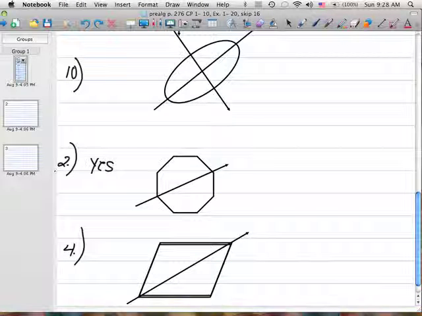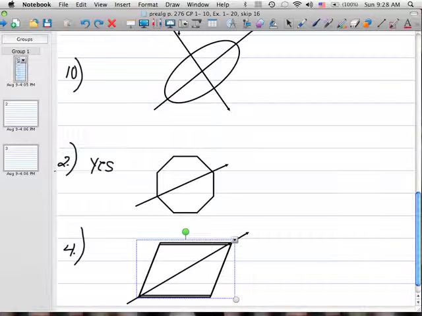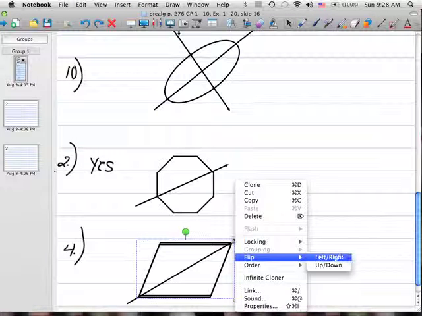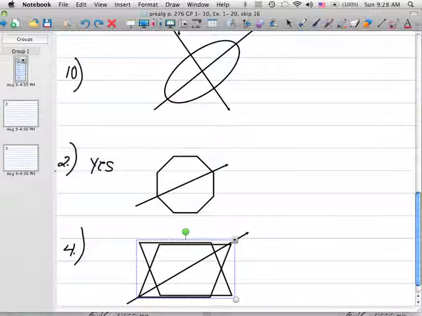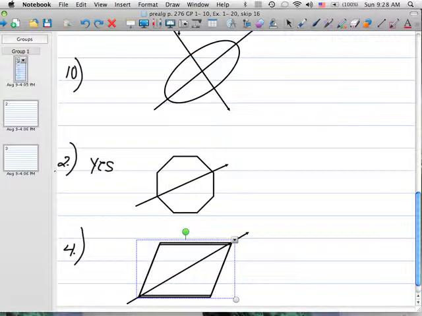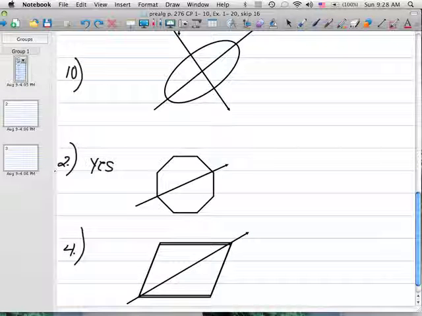Let's just copy. If I tried flipping it, you can see it's not going to work. It should flip right over onto itself. So that doesn't work. So 4, it has none.